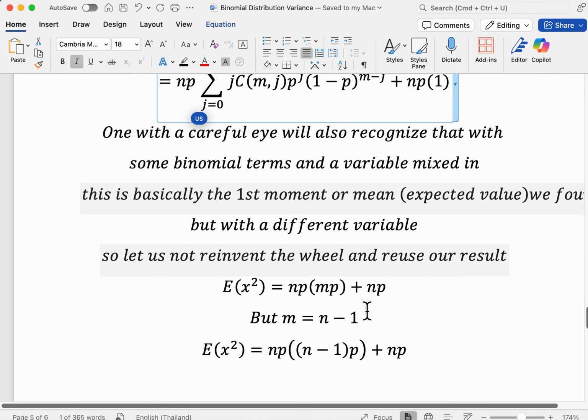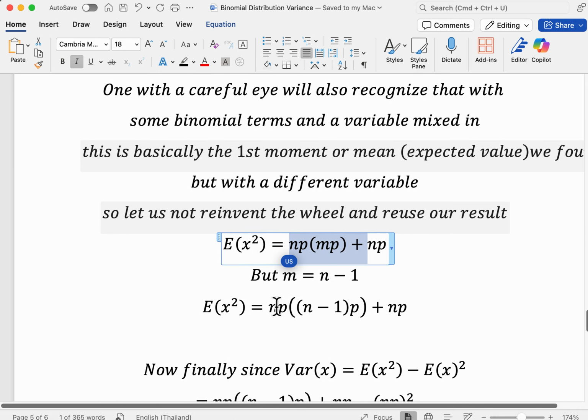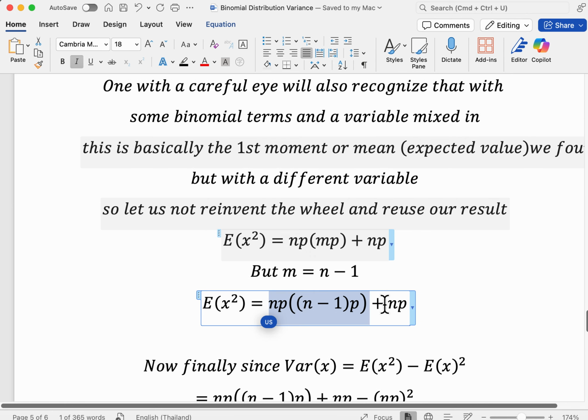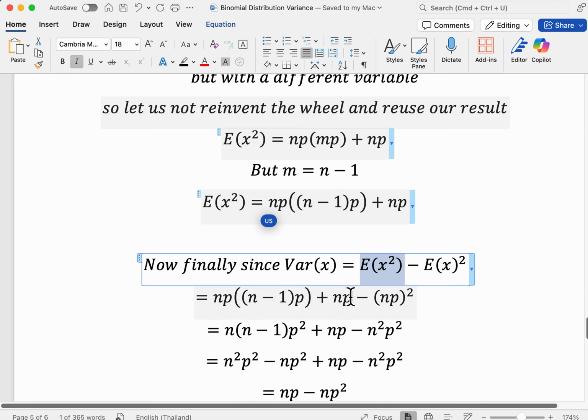But like I said earlier, if we ignore the first term, we only have n minus 1 terms left that we're dealing with. So this is where n minus 1 comes from, if you didn't want to do some tedious algebra there. But then you get np times (n minus 1) times p plus np. And now this single term here is going to be subtracted by this.